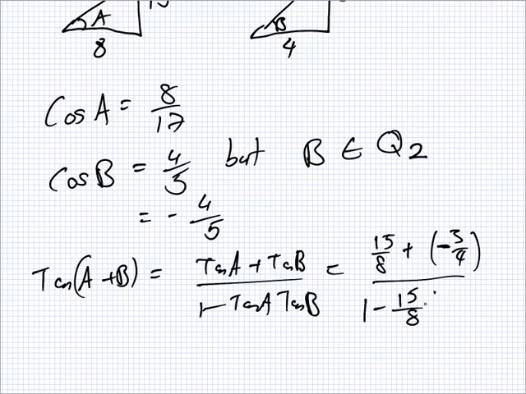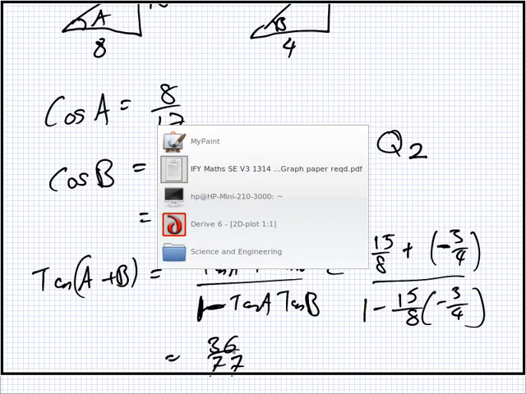So my answer is 15 over 8 minus 3 over 4, divided by 1 plus 15 over 8 times 3 over 4. Is the answer 36 over 77? Yes. Great. That's B2 done now. Can I close it?